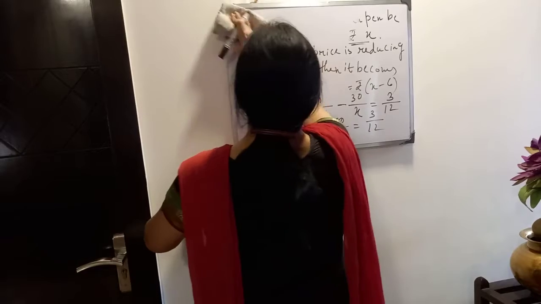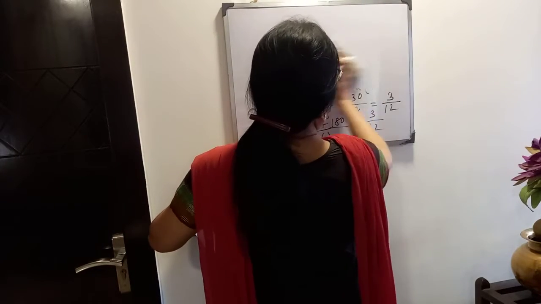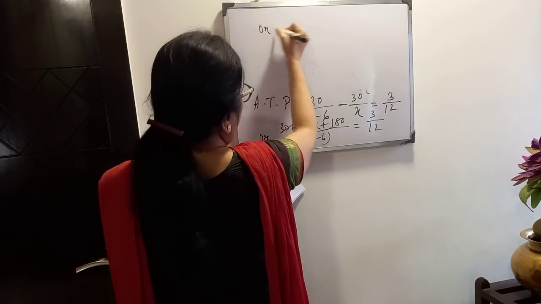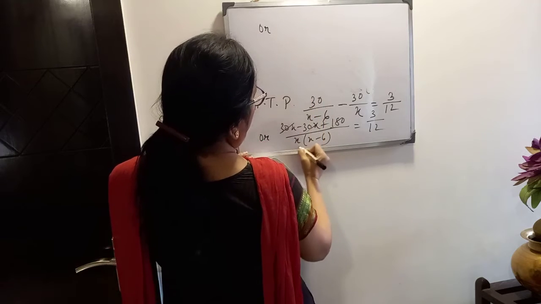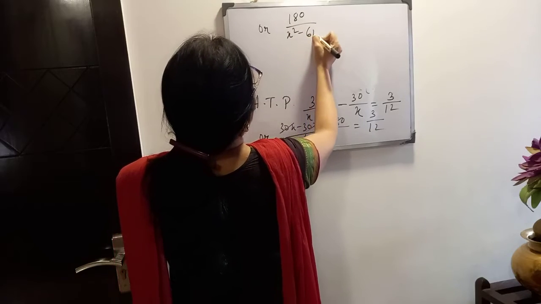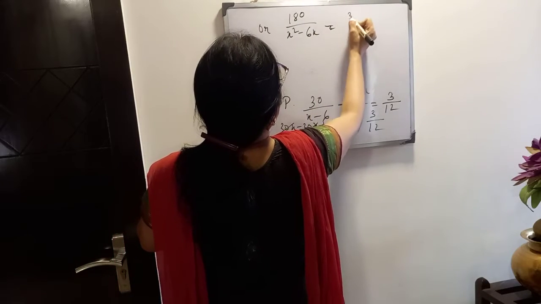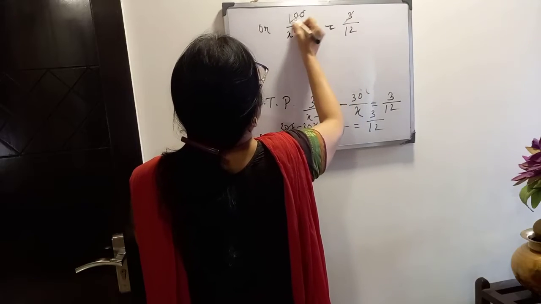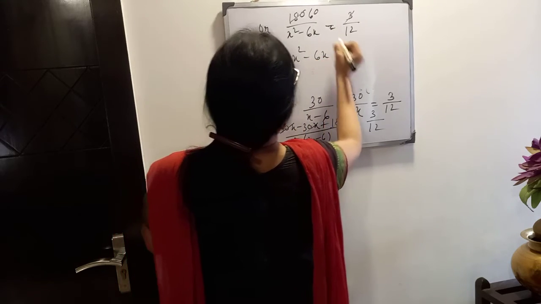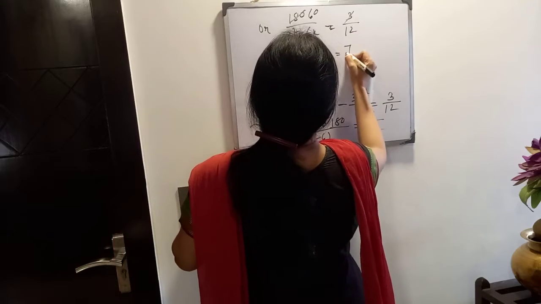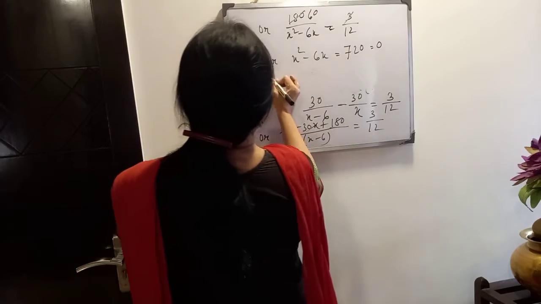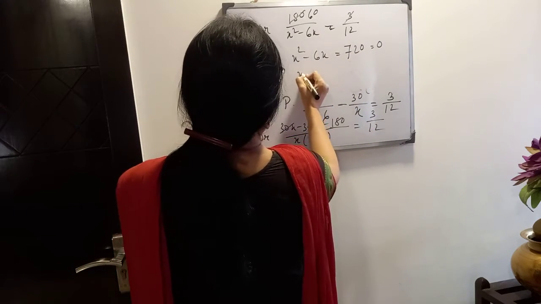Then 180 by x square minus 6x equals to 3 by 12. 720 we are getting. Now we have to find out the factor of 720.